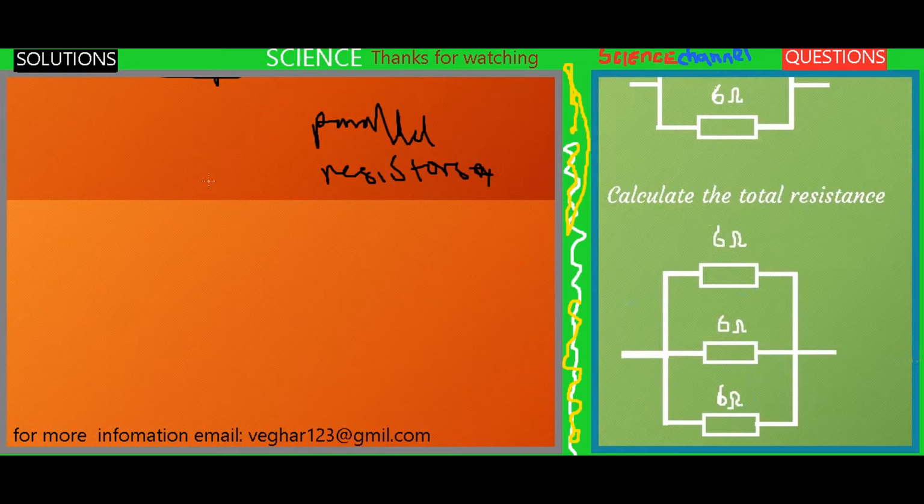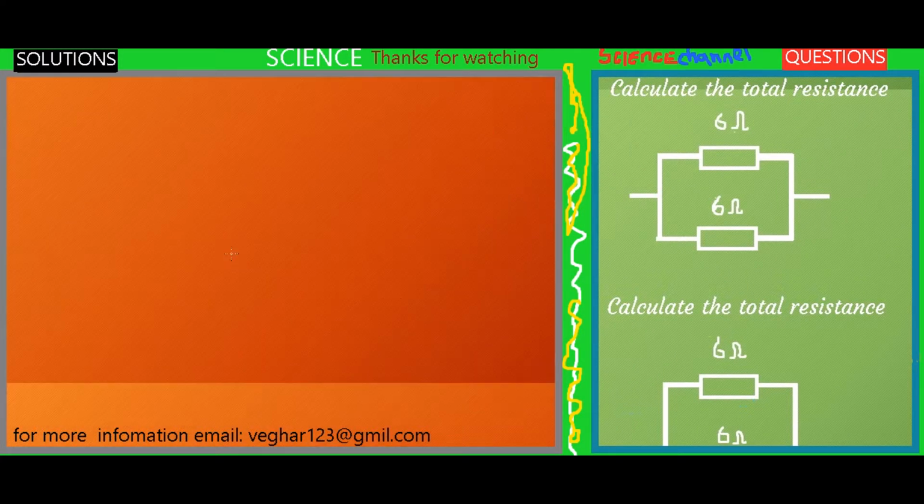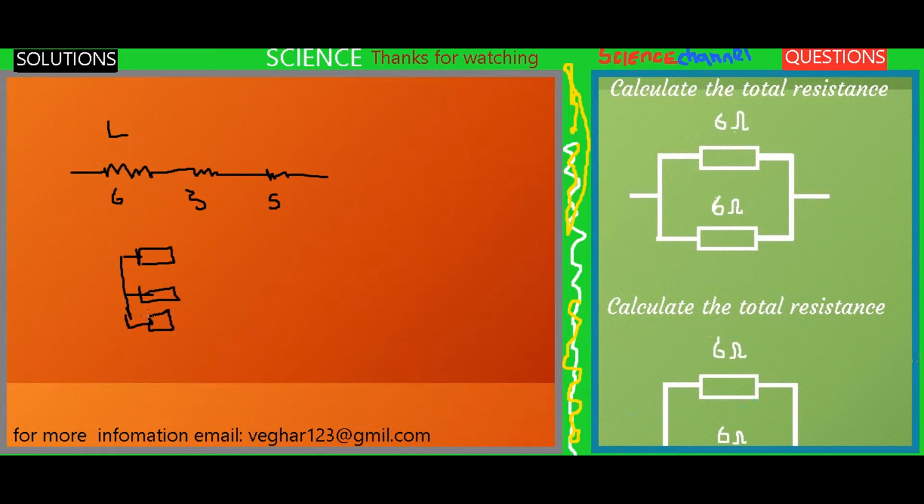If you have the same resistors and you put them in series, they will give different values.